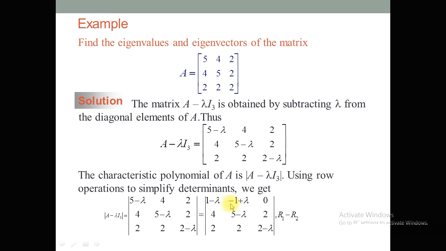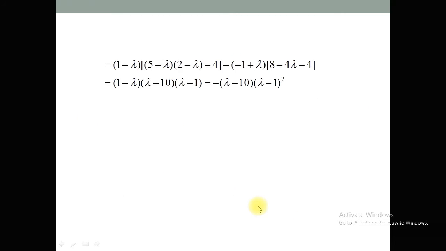Now expanding this determinant with respect to the first row, we obtain 1 minus lambda into (5 minus lambda)(2 minus lambda) minus 4, minus (minus 1 plus lambda) into (8 minus 4 lambda minus 4), and after simplification we obtain (1 minus lambda)(lambda minus 10)(lambda minus 1).